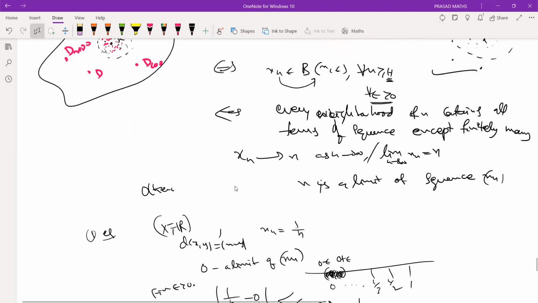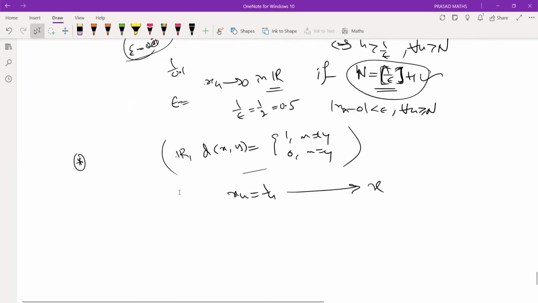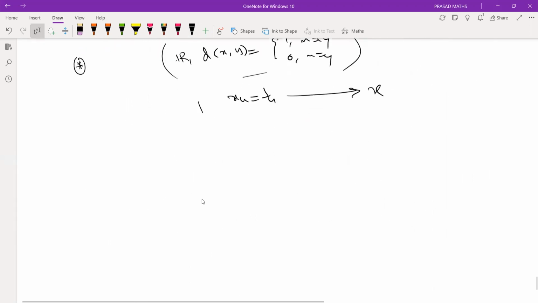Otherwise, it is divergent. Xn is divergent. Yes or no? Now tell me, in the discrete metric space, what happens? Does the sequence converge in the discrete metric?